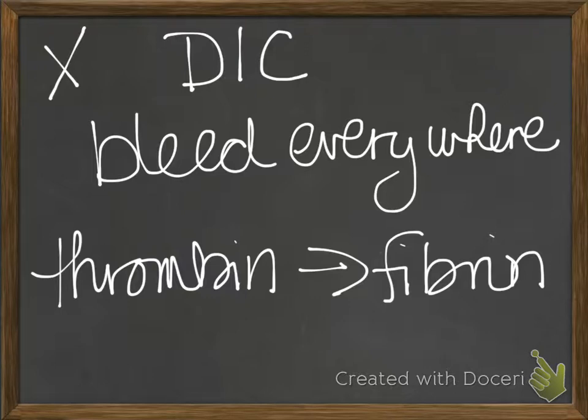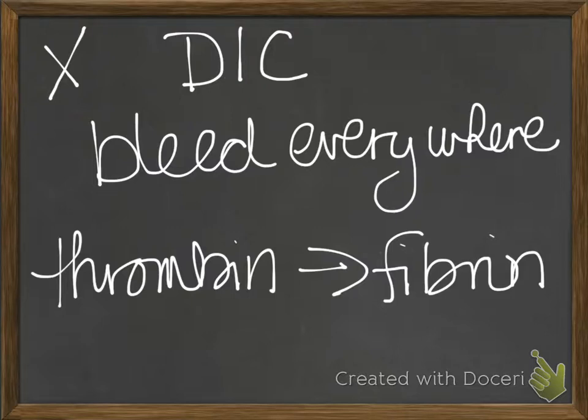The last one is DIC, or disseminated intravascular coagulation, and this is almost always a secondary response to some sort of primary insult. Basically it's bleeding and clotting together. They occur at the same time. We get small clots that develop in the bloodstream, and then all of our clotting factors and platelets get used up, so we start to bleed everywhere.